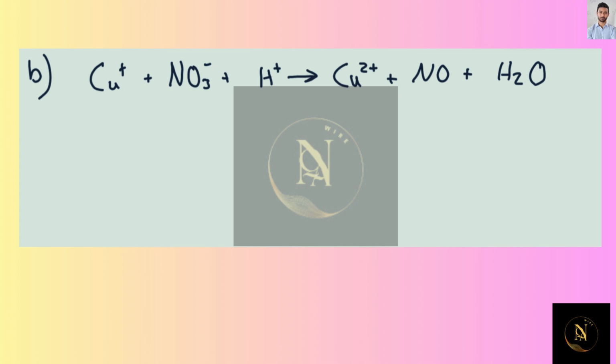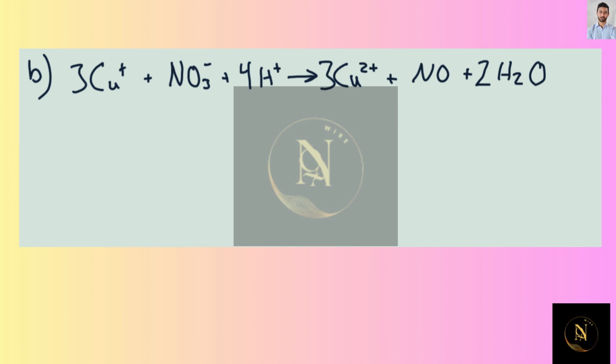So now we can balance this equation. We know from the half reaction in Appendix E that nitrate to NO is a transfer of 3 electrons. However, copper 1 to copper 2 is a transfer of 1 electron, so we'll need to balance this by adding 3 here. And then we also need 4 protons for this nitrate reaction, and that will produce 2 waters.